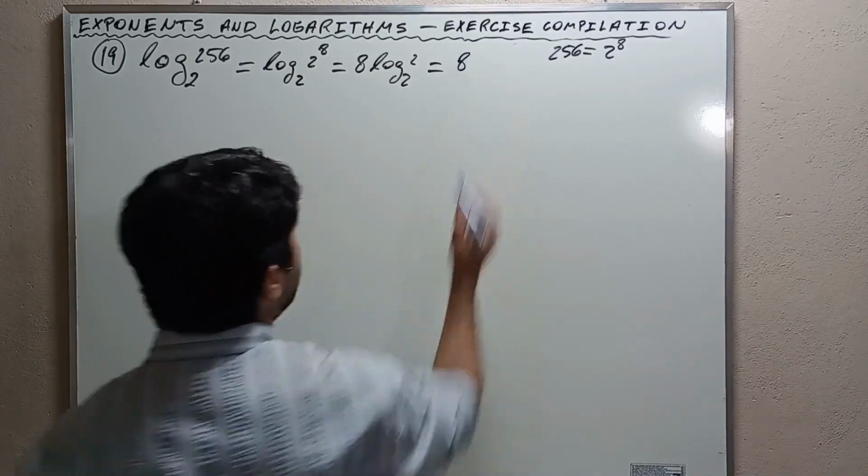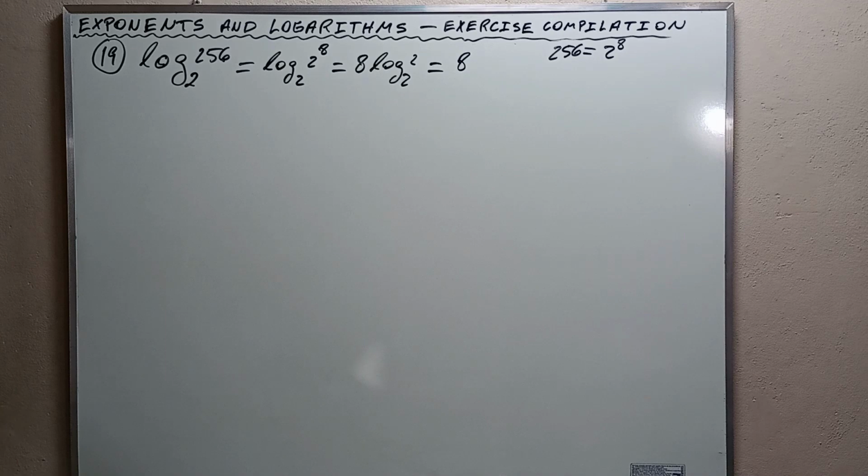Then it is simply equal to 8. Okay, my friends, this is all for exercise 19. A very simple one, just to get us started with logarithms. And now let's go and solve more difficult exercises.